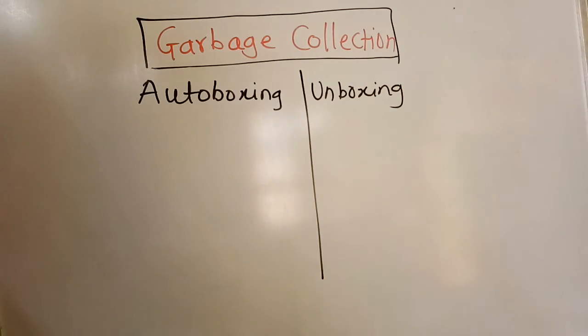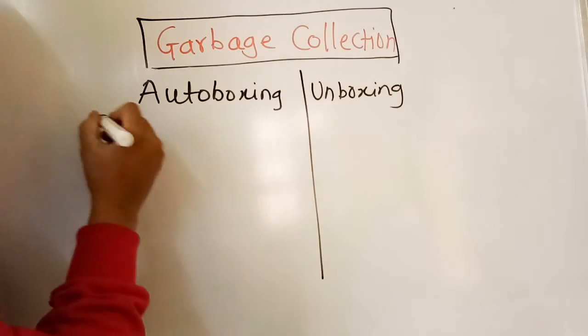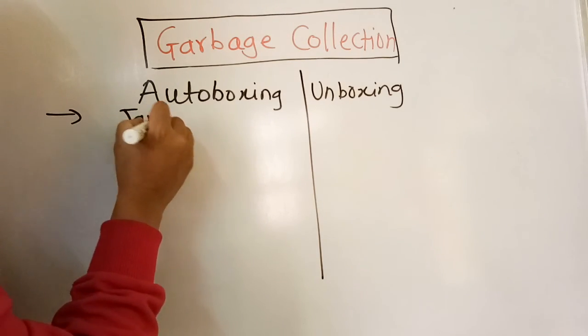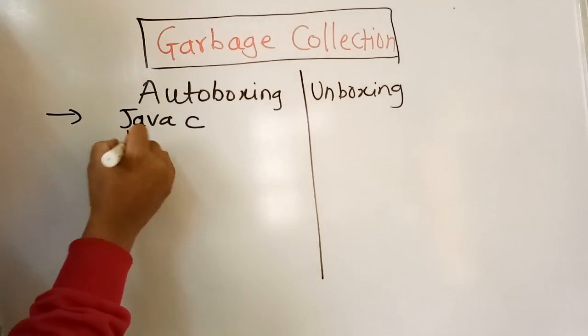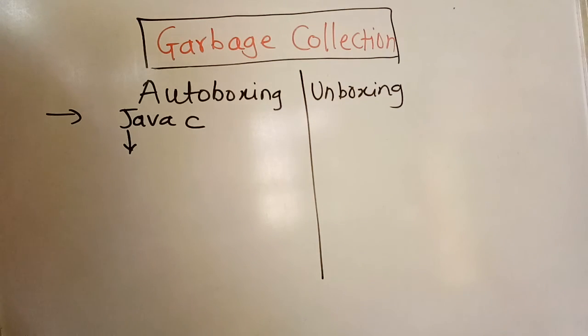While talking about autoboxing, if the Java compiler can make automatic conversion between primitive types and their respective wrapper object classes, then it is known as autoboxing. What does the Java compiler do?